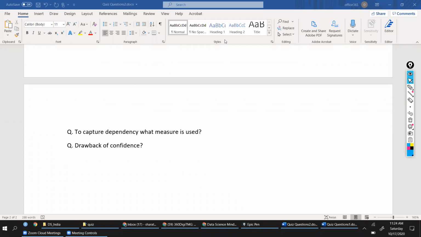So in order to overcome this biased dependency calculation, which is your confidence, what needs to be done? What can we do in order to capture independency as well?